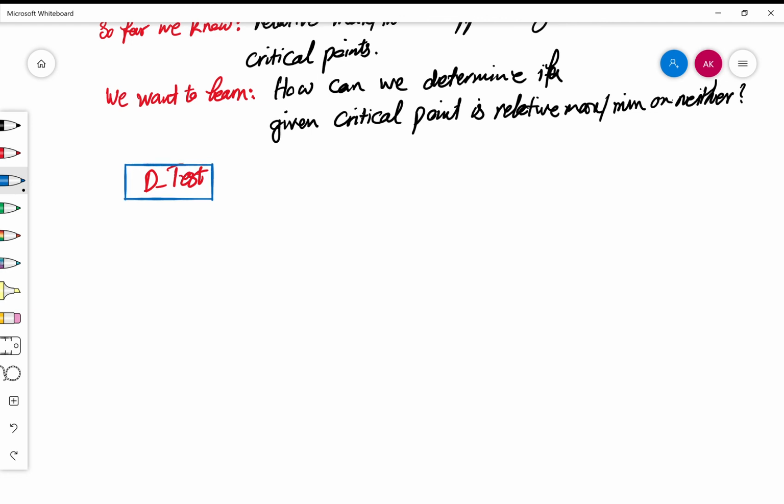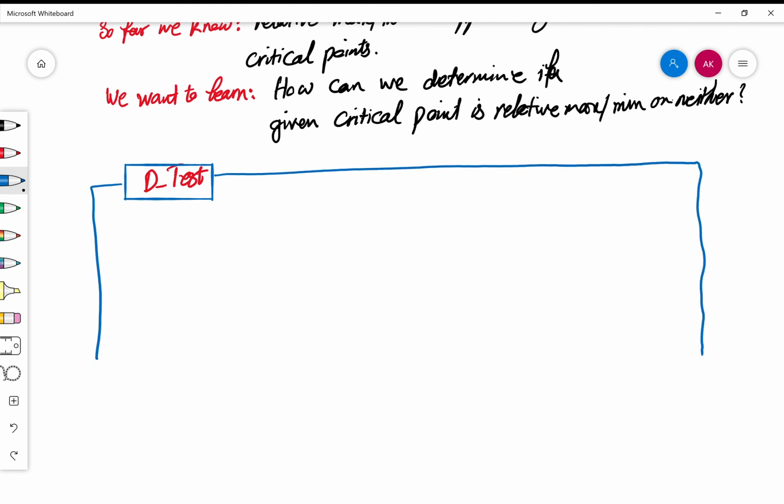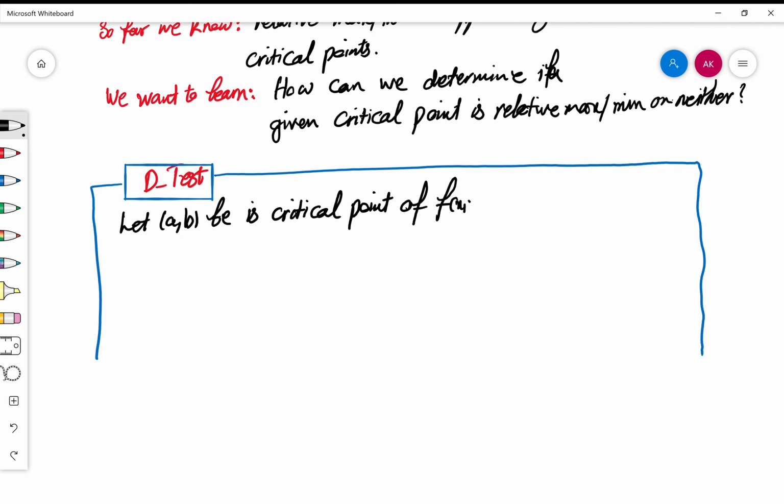What does the test say? The test says, well, you need a little bit more information first. Let us assume that (a, b) is a critical point. So it's a critical point.